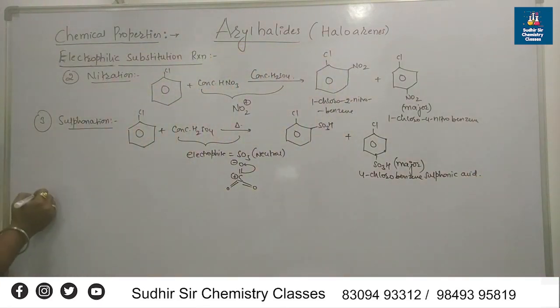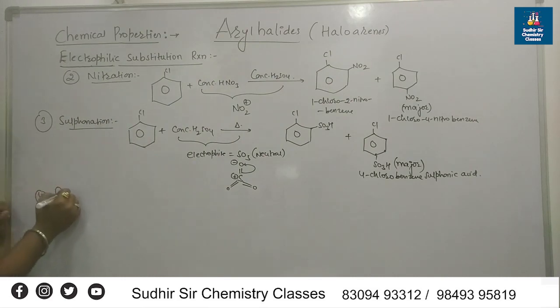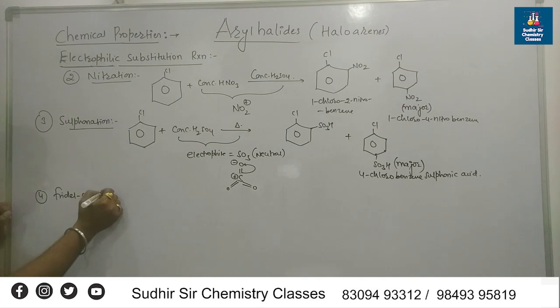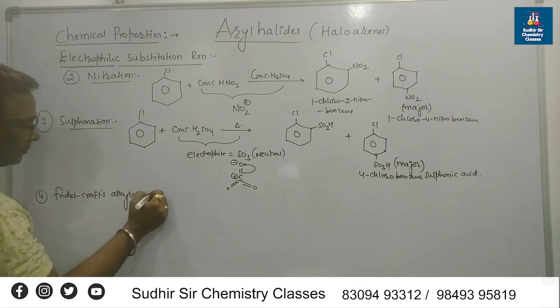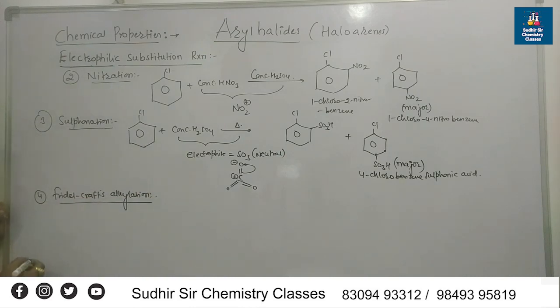Then the fourth one we'll see, beta, is Friedel-Crafts alkylation and Friedel-Crafts acylation.